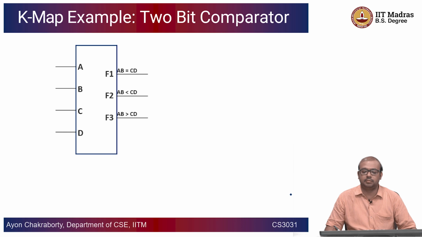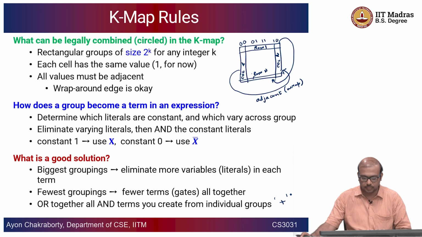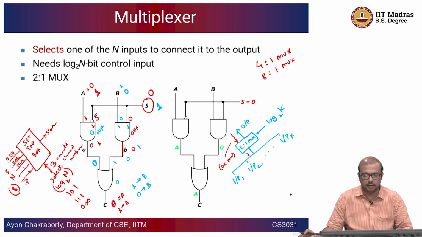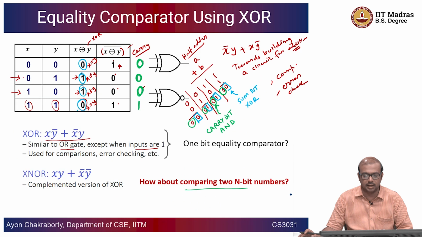Okay, so I gave you an example of this comparator very early, while we introduced things like combinational logic circuits. I will go back and quickly show you what we have studied earlier.